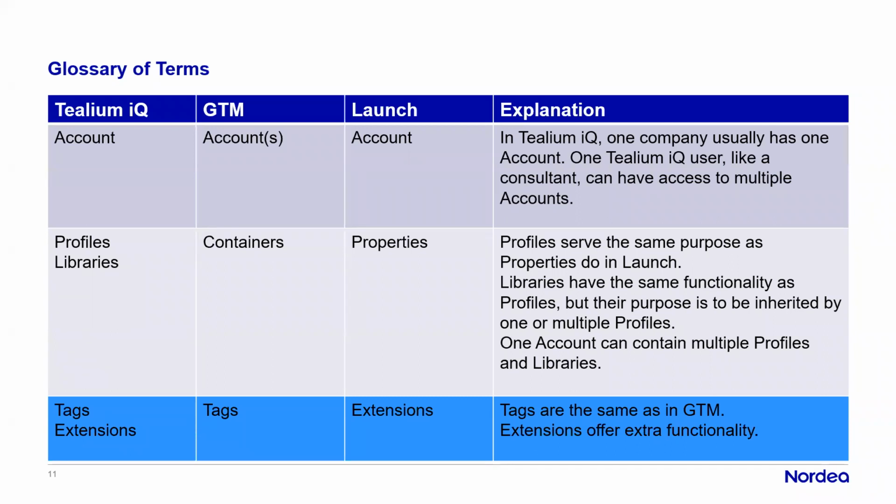That could be, for instance, lowercasing all variables you have in your data layer, or preparing some data, or fixing some data getting sent in wrong before the tag, for instance Adobe Analytics, runs. So it's extra functionality and modifications, but not tags. Whereas in Launch, both tags and extensions would be one extension, in this regard.